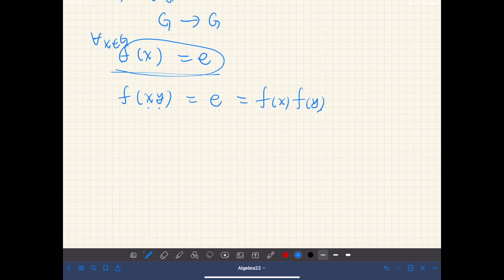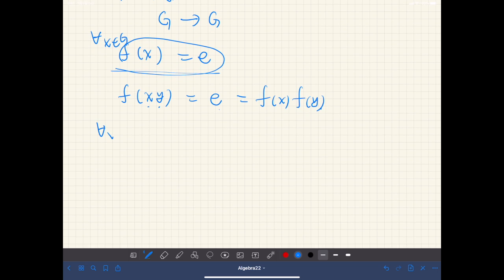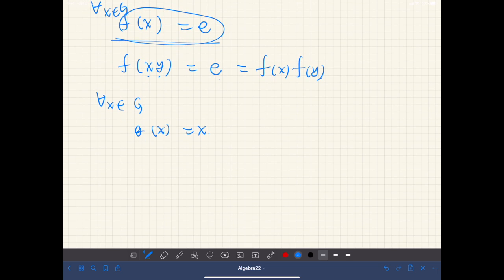And another homomorphism is, for all elements x in G, we can define g of x equal to x. This is a homomorphism, right? Because g of xy is equal to xy, but x is equal to g of x, y is equal to g of y.